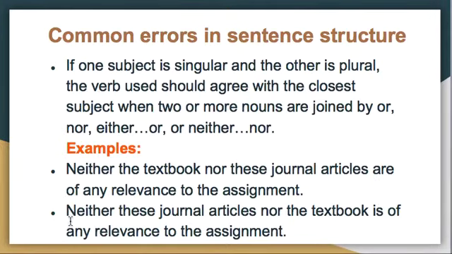So in the other example, neither these journal articles nor the textbook is of any relevance to the assignment. So here the textbook is singular, so you are using is, the singular form.